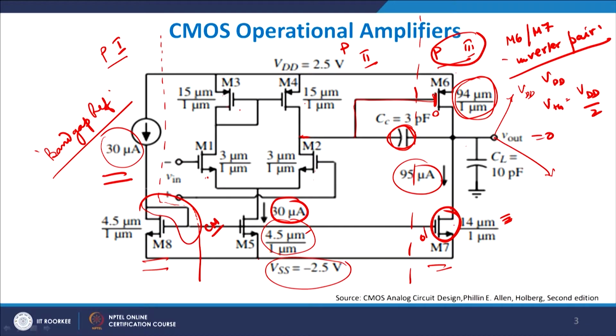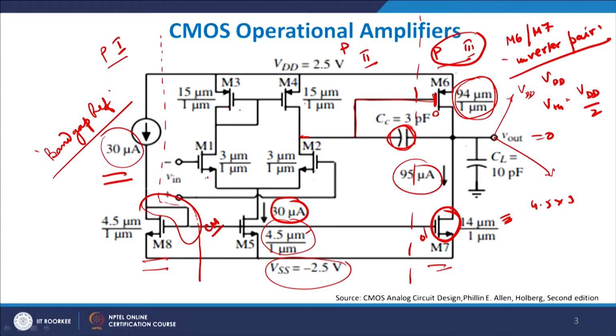The reason being this is approximately 3 times, right. Now, if you multiply for example 4.5 into 3, I get 13.5, which is approximately 14 micron, which means the 30 microampere will appear as 90 to 95 microampere at this particular point, and that is the reason you see a large amount of current flowing through here.